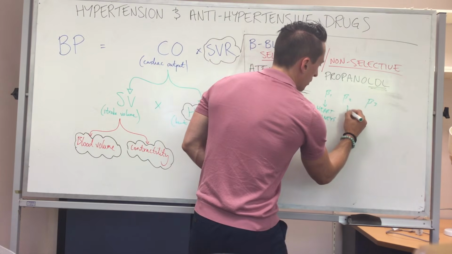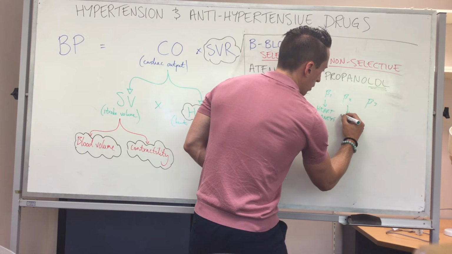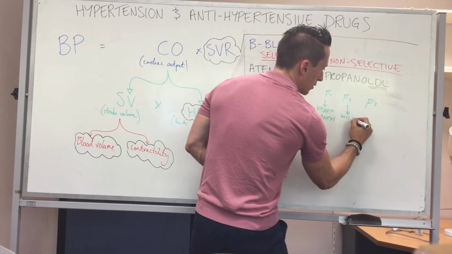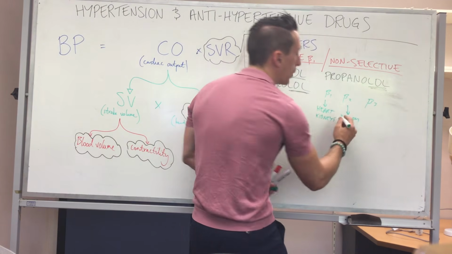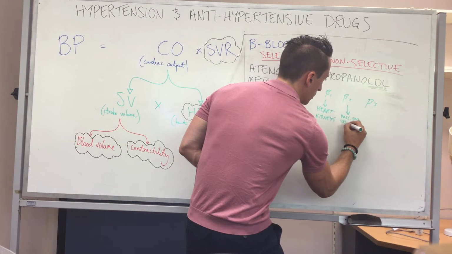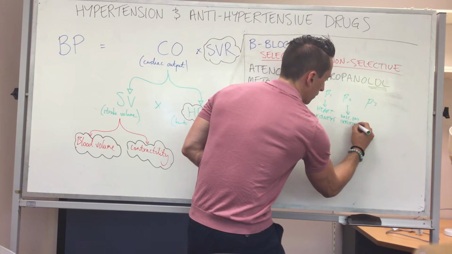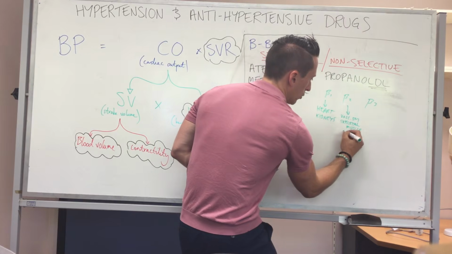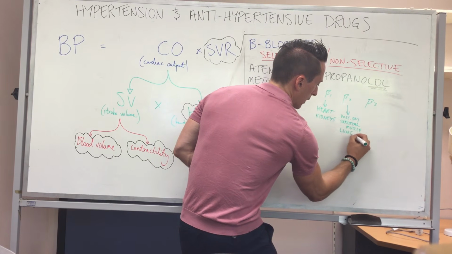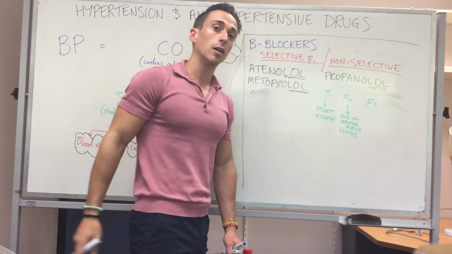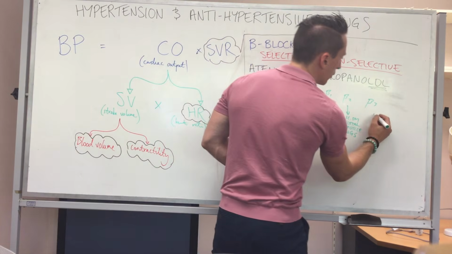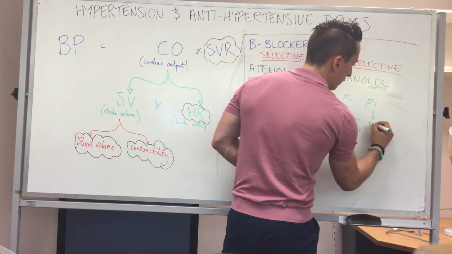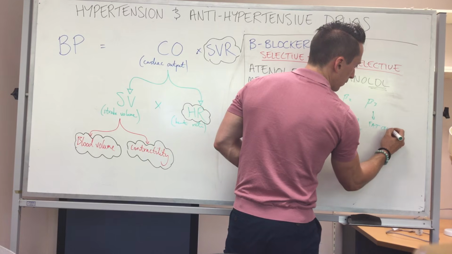Well, you can find beta 2 on vascular smooth muscle. You can find beta 2 at skeletal muscle. You can find beta 2 at the bronchioles of the lungs as well. What about beta 3? You find beta 3 in fat cells, basically.